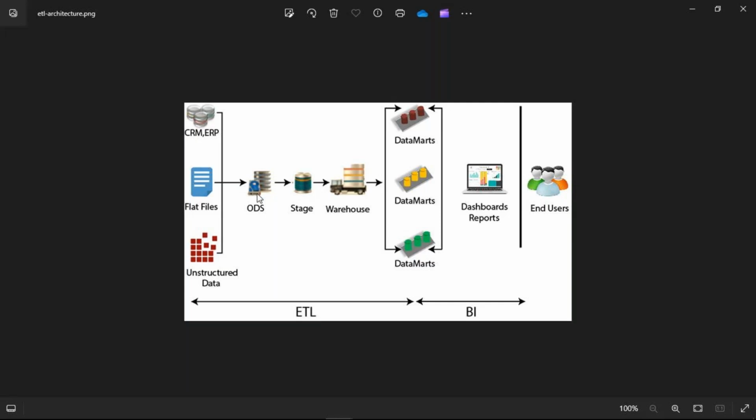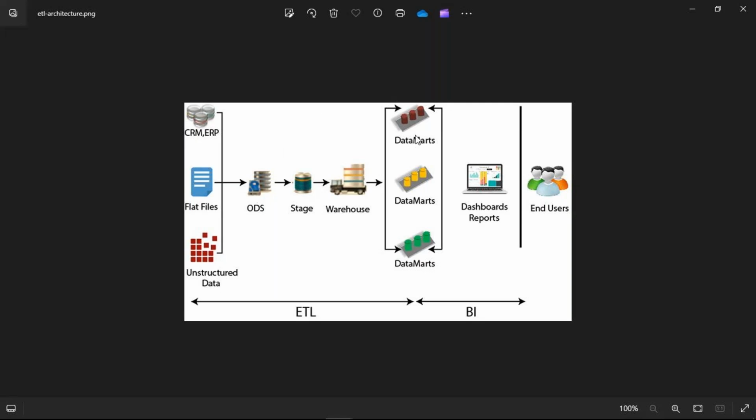So data from different banks will have different approaches. But your name from all the banks will be the same, right? Your address from all the banks will be the same, right? Your account related data from all the banks will be the same, right?